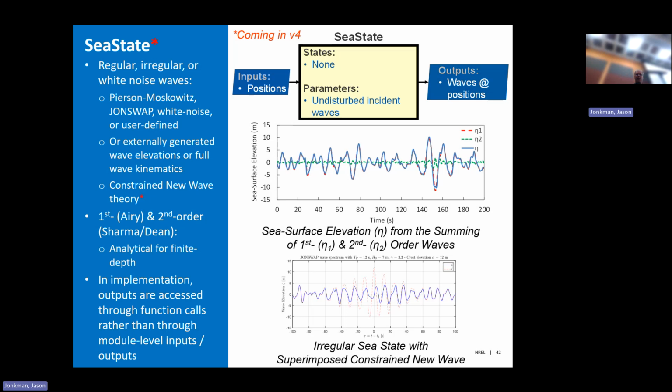Let's see, we've introduced recently a constrained wave capability that's coming in 4.0 as well. What that allows you to do is run the irregular SeaState shown there, say with Hs of 3 meters or something, and I want to make sure my 50-year extreme wave shows up in that SeaState. So the constrained wave theory allows us to do that.